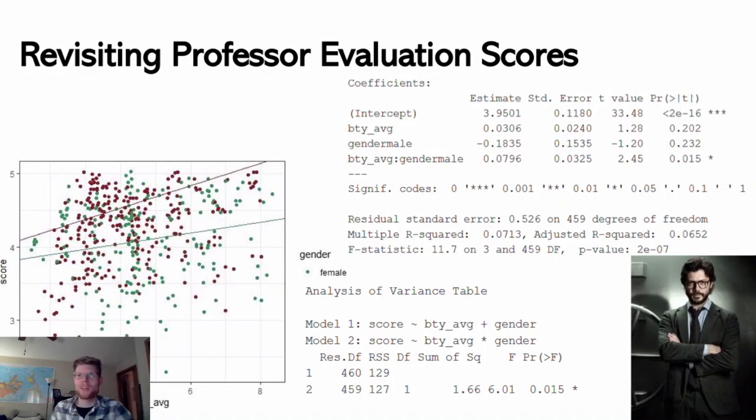For professors getting higher beauty scores, the male professors seem to be doing better on average than the female professors, whereas at lower beauty scores that difference gets a little bit smaller, not a whole lot smaller, but we do notice a bit of convergence among the lower beauty scores, whereas we see more divergence between genders at the higher beauty scores.